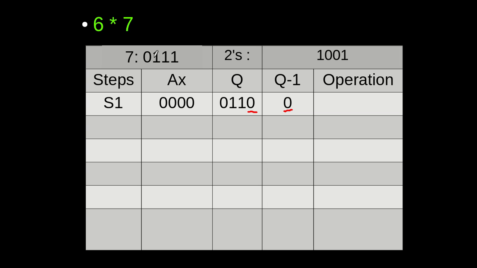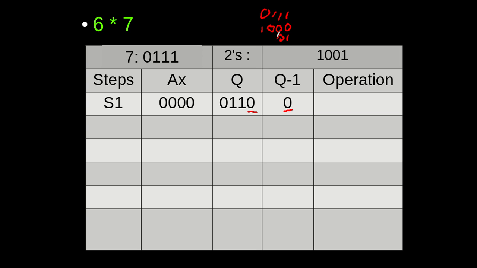If I find the 2's complement for this, and how do I find the 2's complement? I'm going to have 0, 1, 1, 1, and I flip, find the 1's complement. Here's the 1's complement, and then I add 1. So I'm going to add 1 to this.